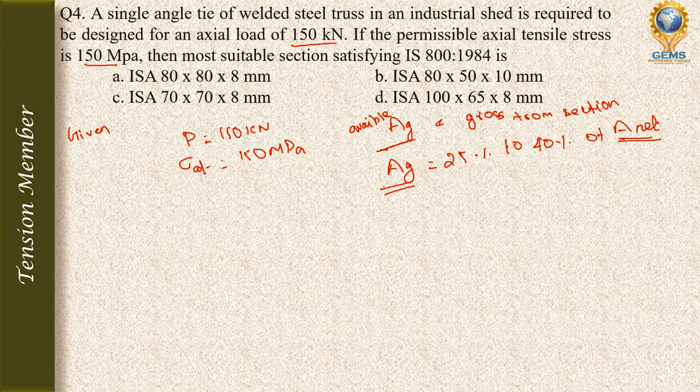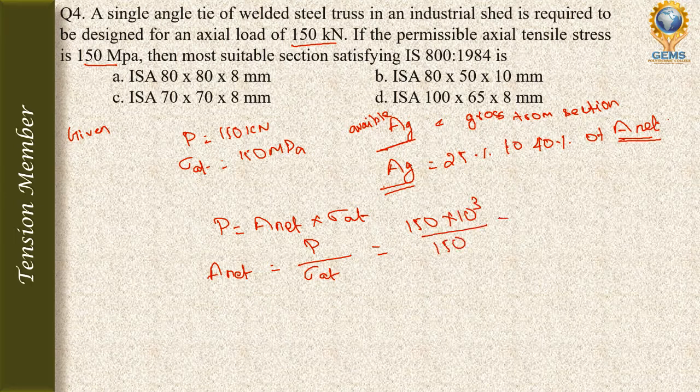So how can we find the net effective area? We know P is equal to the net area into sigma at. So the net effective area is equal to P by sigma at. It is equal to 150 into 10 to the power 3 by 150. So it is 1000 mm square. A net is 1000 mm square.